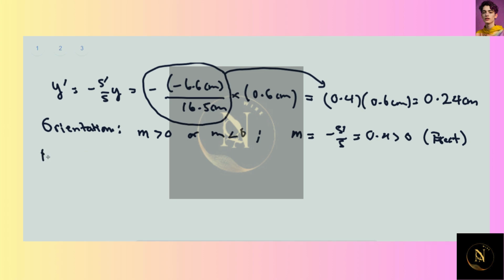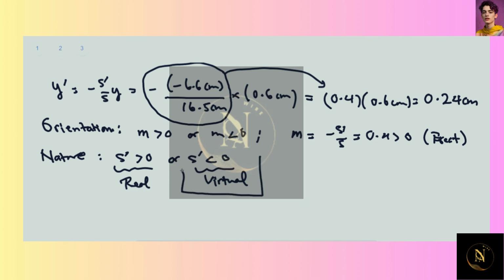And now the nature of the image. This is determined by whether s prime is positive or s prime is negative. So if s prime is positive, then it's real, and if it's negative, then it's virtual. But we found that s prime was negative, so the image is virtual.